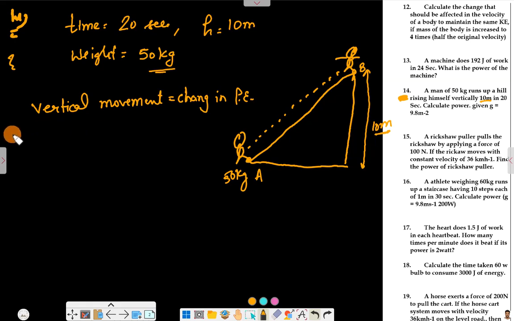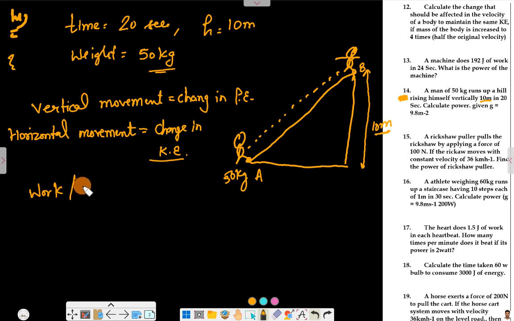And if there is horizontal movement, then there will be change in kinetic energy. So there is vertical movement as height is increased, so whether it asks for work or energy, that will be equal to change in potential energy. So here work or energy is equal to change in potential energy, and its formula is mgh.